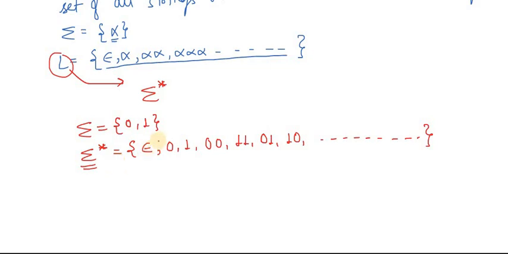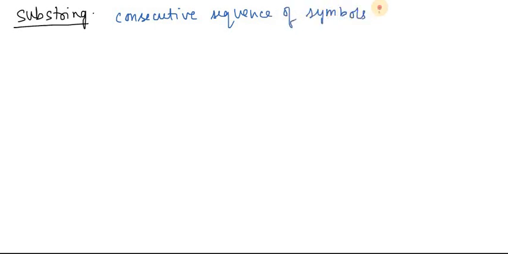Now let us move on to discuss what a substring is. A substring is defined as a consecutive sequence of symbols in a string. Suppose, for example, I take the string 0, 1, 1, 1, 0, 0, 0.